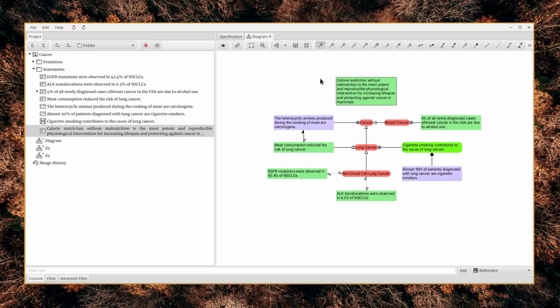Once the statement is in the diagram, I will use the negative relation to indicate a negative causation to the cancer problem. Important thing to note is that the cancer node here indicates a general problem. Therefore, the solution to this problem also applies to all subtypes of cancer that are shown in this diagram.